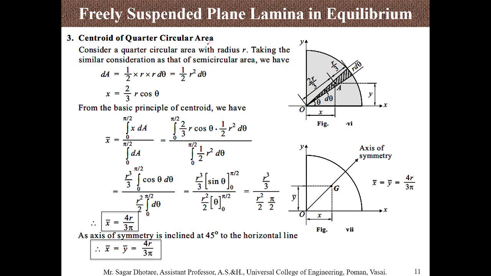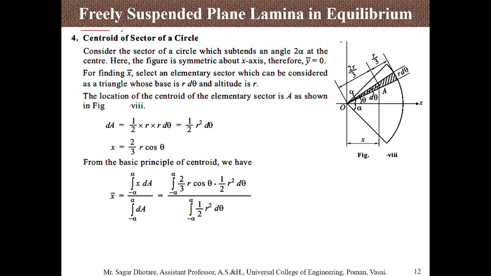In the quarter circle area, the value of x is 4r divided by 3 pi, and this is actually symmetric along the 45-degree line. This angle is 45 degrees, and both profiles are similar, so the values of x bar and y bar will be equal, 4r divided by 3 pi.